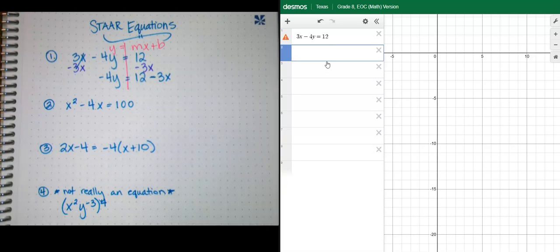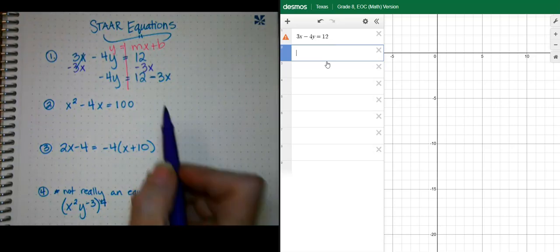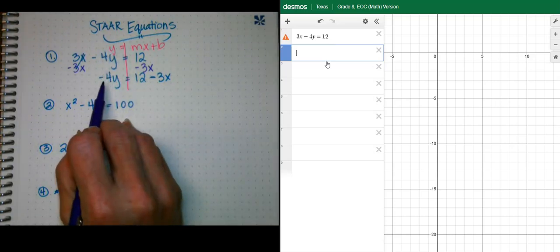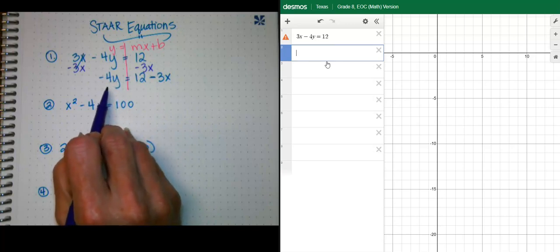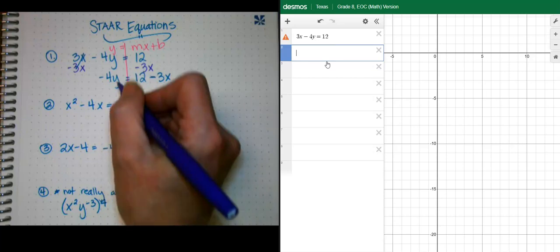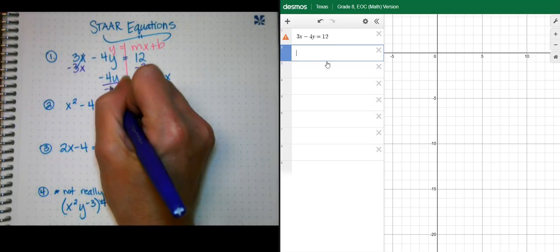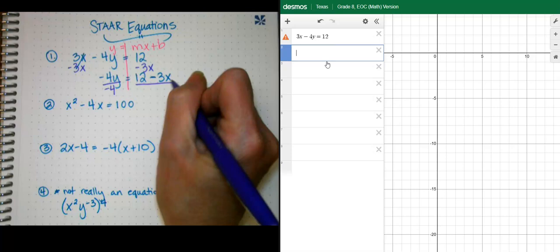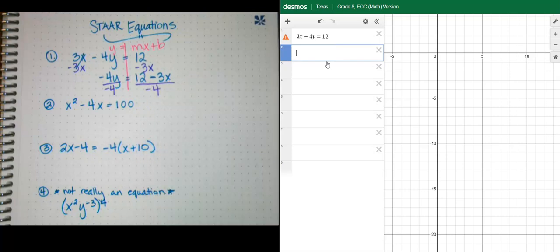Now, it's not in perfect form as it should be above, but this works in Desmos, and I'm trying to keep it as simple as possible. So now we're closer to having a y over here, but I have negative 4y. And remember, this means negative 4 times y. So to undo it, I'm going to divide by negative 4. And I have to do the exact same thing to both sides.